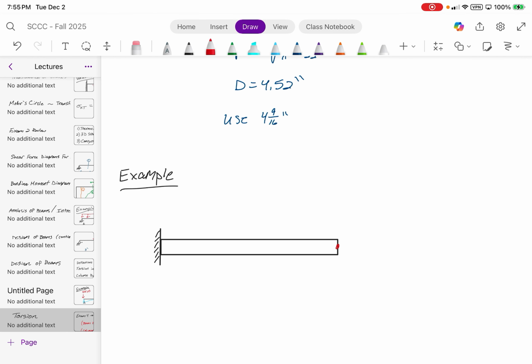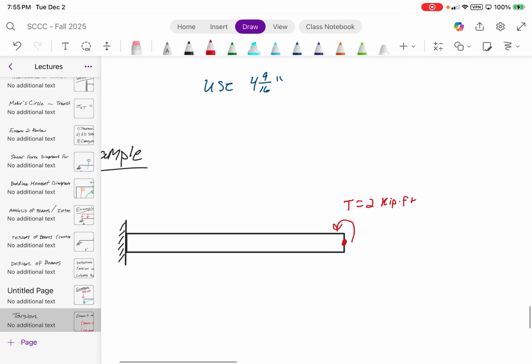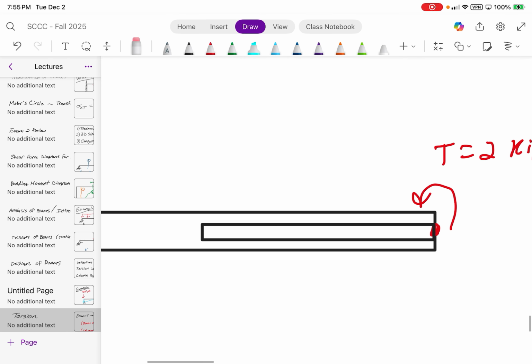Let's say we've got an applied torque here of around 2 kip feet. And then we're going to actually make this a stepped shaft.